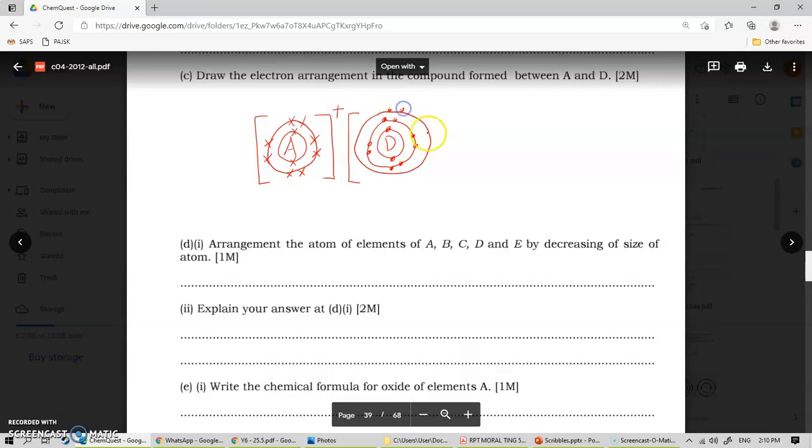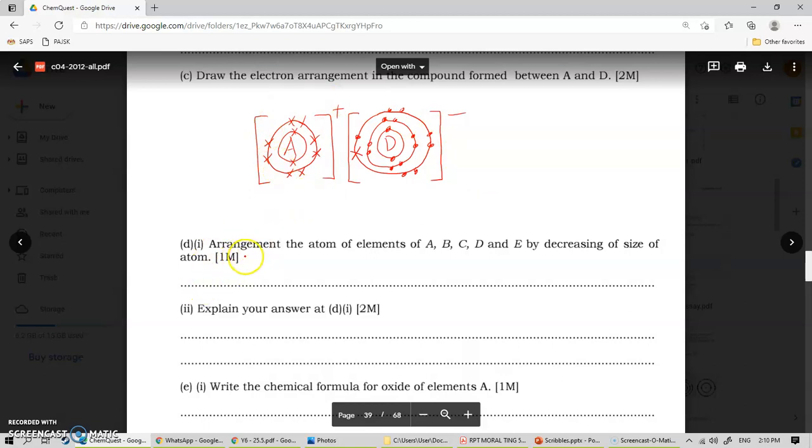After it receives 1 electron from A, it will be 2, 8, 8 electron arrangement, and this D will become a negative ion. So positive ion and negative ion will attract each other. There is an electrostatic force of attraction, which is also known as ionic bond, and therefore A and D form an ionic compound.